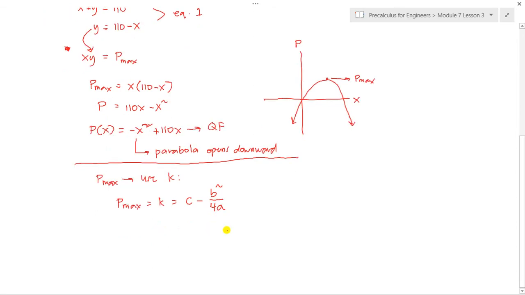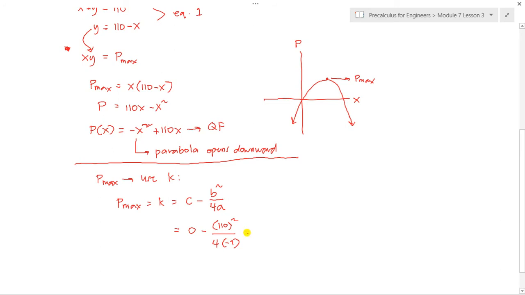Take note, again, the derivation for this formula is from lesson 2, so you can watch my video for lesson 2 for module 7. So here we know that from our quadratic function, the value of our c is 0. We don't have any constant here. Then b is 110, that is 110 squared, all over 4 times our a, which is negative 1.